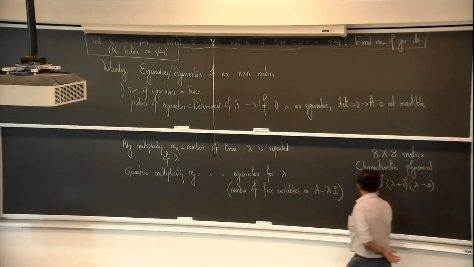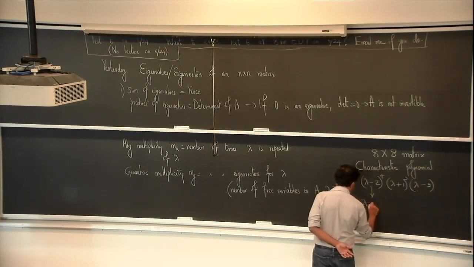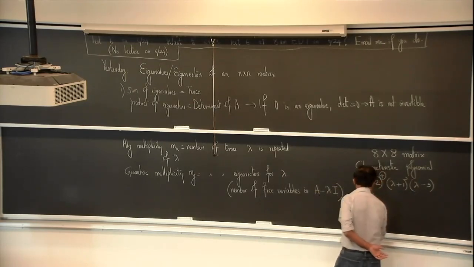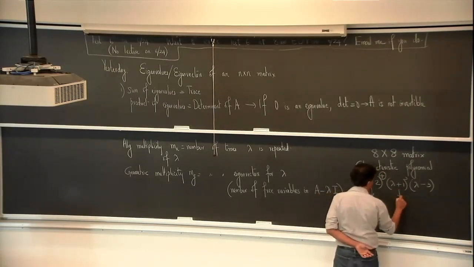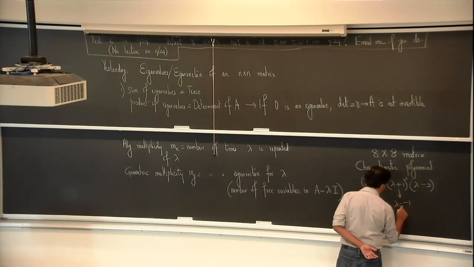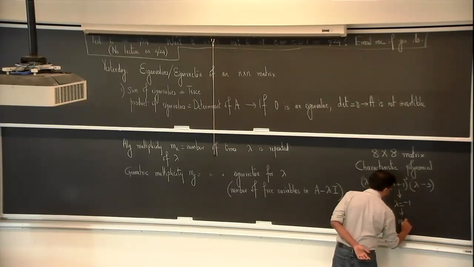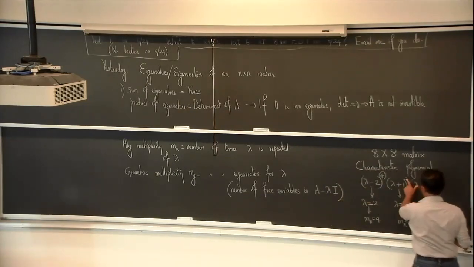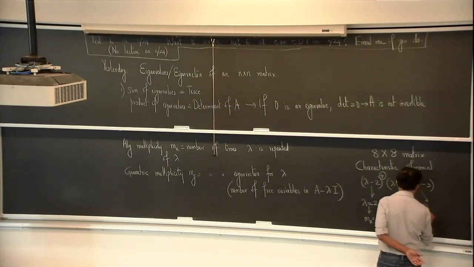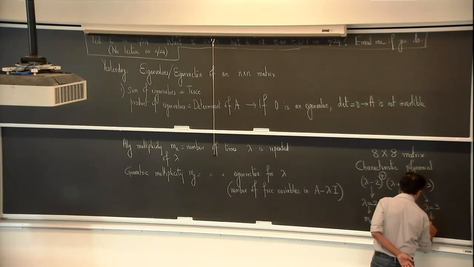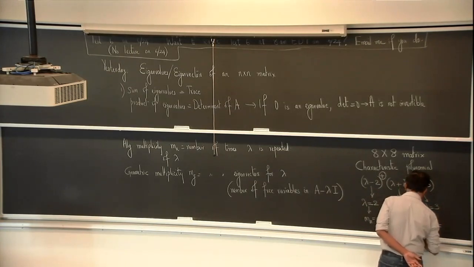Then we have lambda equal to 2 being a repeated root with multiplicity of 4. So that is MA equal to 4. This is lambda equal to -1 with multiplicity equal to 3. So 3 is the number of times it's repeated there. And this one is not repeated, so lambda equal to 3 with multiplicity equal to 1.